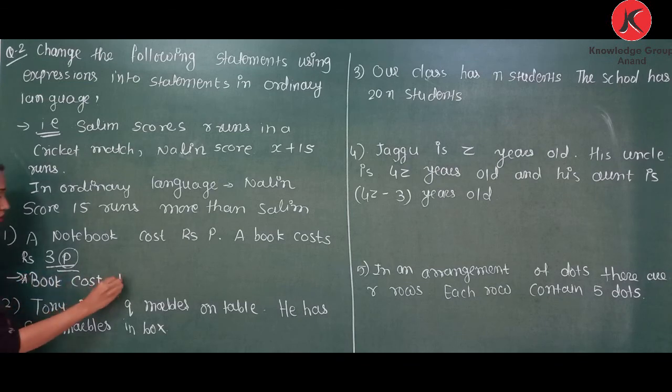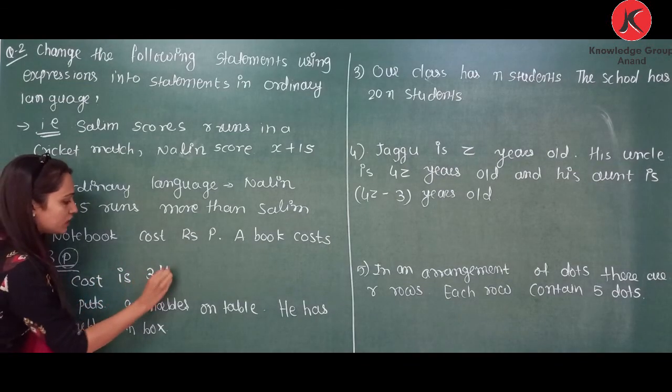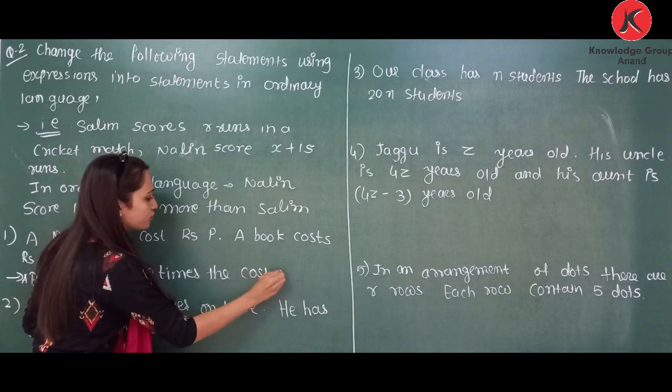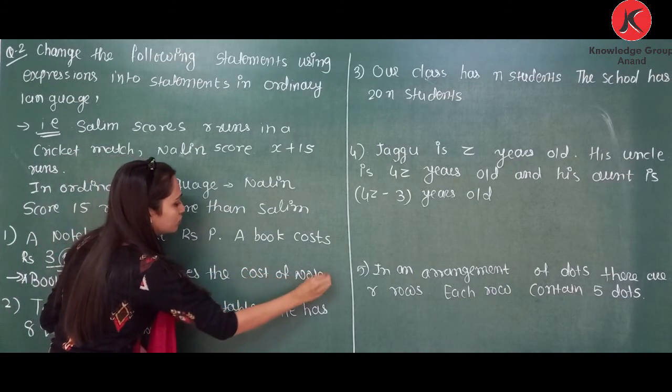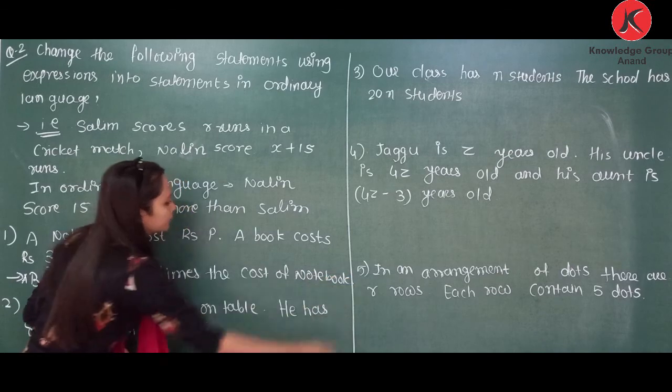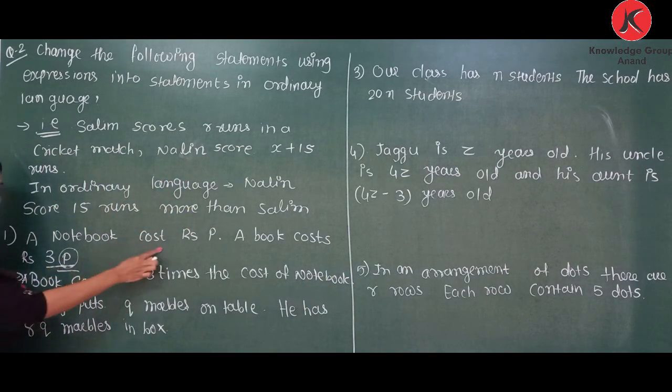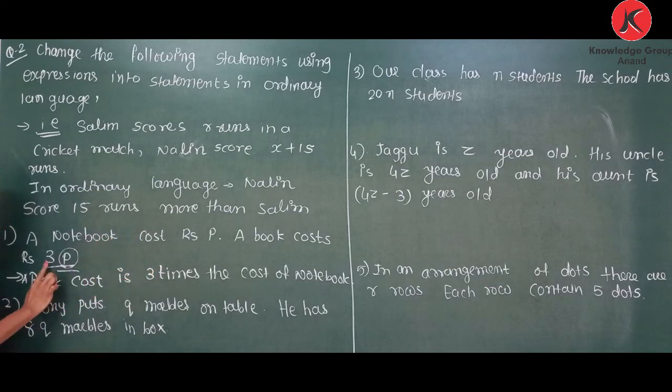Clear? 3P, what is P? That is the cost of notebook, so we can write 3 times the cost of notebook.